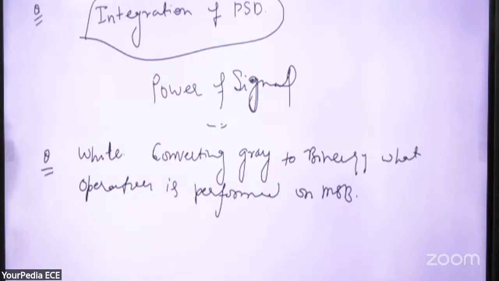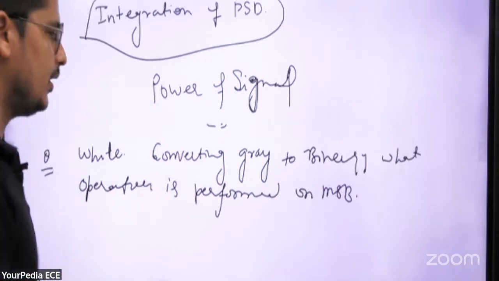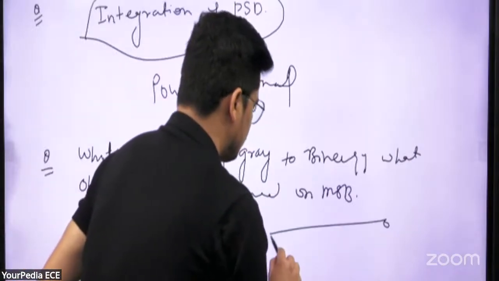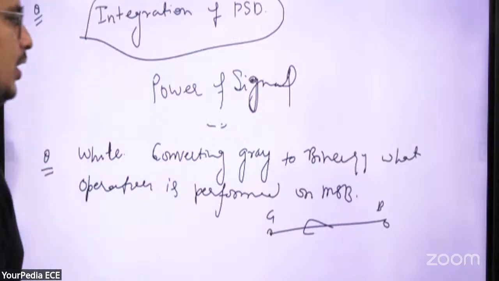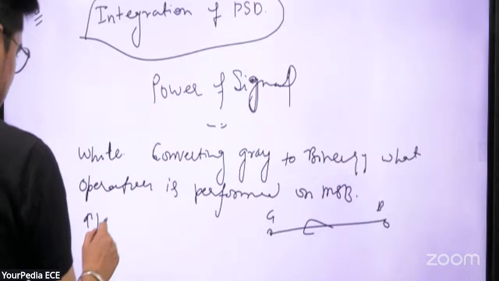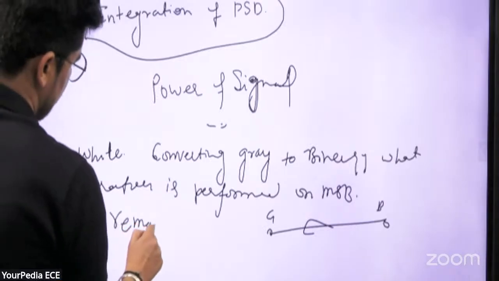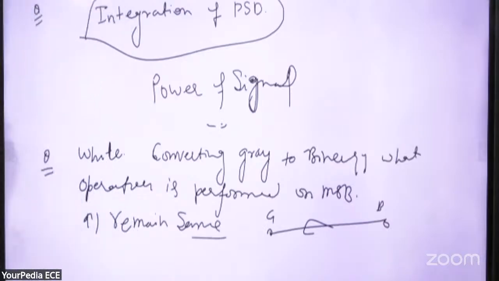Whenever we convert from gray code to binary code, we keep the MSB the same. We are not changing the MSB. The MSB is directly connected to the output. This is gray code, this is binary. The MSB is directly connected to the input. So what will be the answer? I think one of the options is remain same. So the MSB will remain the same whenever you convert from gray code to binary.